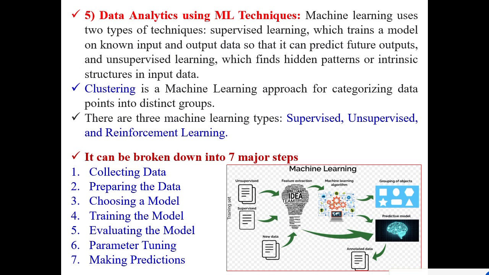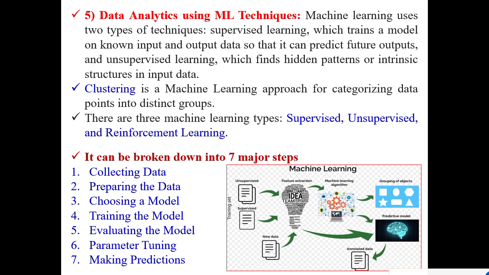Supervised learning trains a model on known input and output data so that it can predict future outputs, relationships, and meaningful information, and unsupervised learning finds hidden patterns or intrinsic structure in input data. That's why clustering is a machine learning approach for categorizing data points into distinct groups based on a similarity measure.